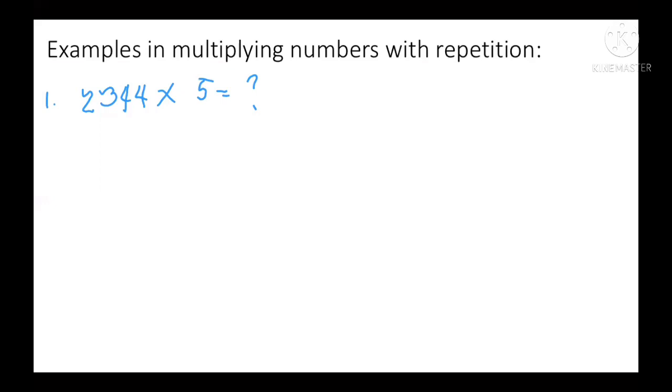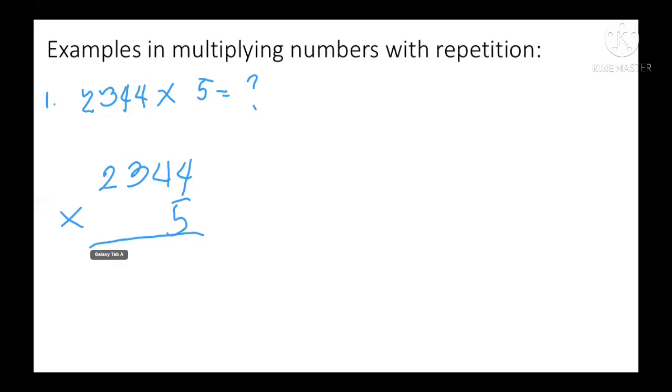So let's organize this one first. Let us put here 2,344 multiplied by or times 5.